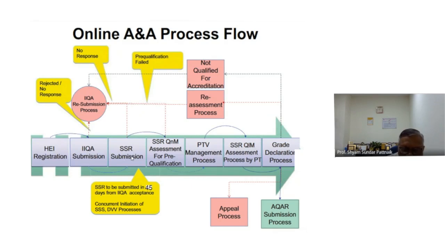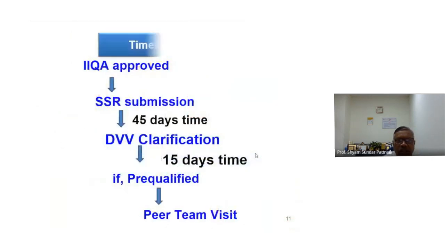Once the self-study report is submitted, there are processes, and I'll tell you what they are. If those processes, the DVV and other things, are satisfied, then the pre-qualifier requirement is met. If the pre-qualifier requirement is met, then the expert team visit is performed. Once the visit is performed, based on the visit report and the previous online assessment report, you will be graded, and accordingly the grading is declared. There is a timeline which will be discussed in detail. So that is the online assessment process.